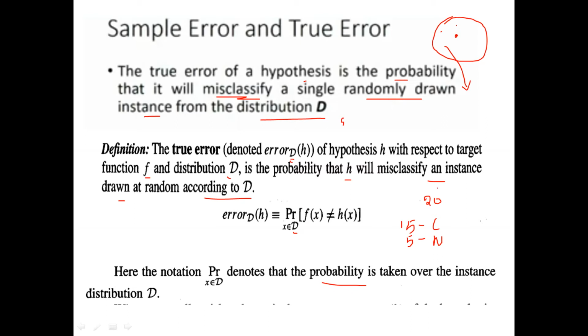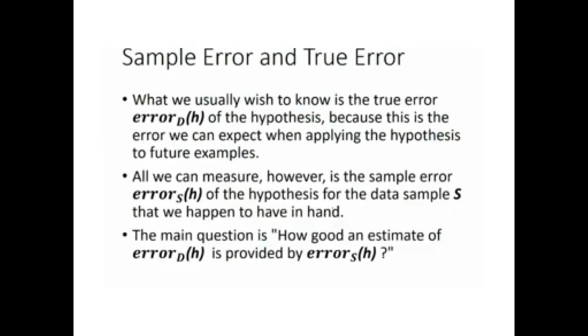If your entire population has 20 data points, 15 are classified correctly, but how many are misclassified? 5 are misclassified. So what is the percentage probability of this true error? It is 25%. So 25% error means 75% is accurate. This is how accuracy and error go hand in hand, right?